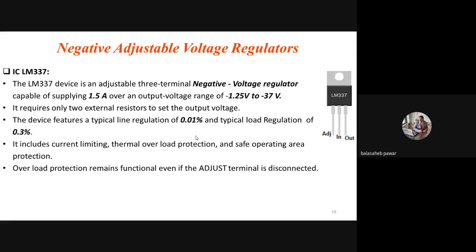There are a few op-amps which require only a single DC power supply, but a general purpose op-amp, for example 741, which is the IC number of that op-amp, requires dual power supply. Dual means positive as well as negative. So in such applications we require negative DC, which we can generate using negative voltage regulators, either fixed, by using the 79 series, or adjustable, by using LM337.